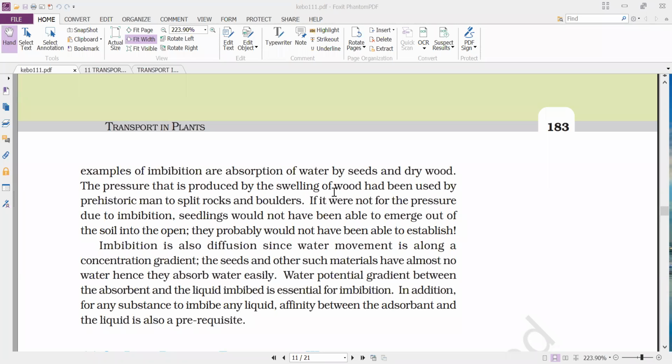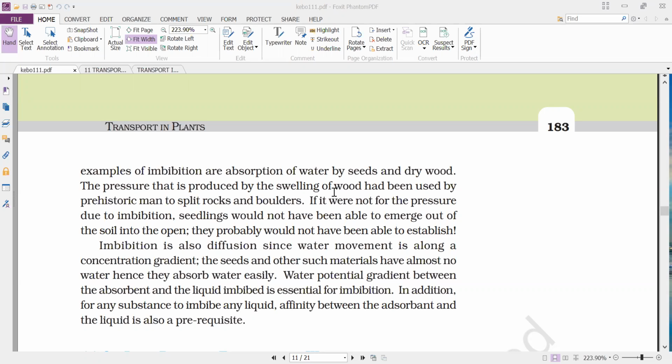This is a result of imbibition. The absorption of atmospheric water by the wood causes it to swell.